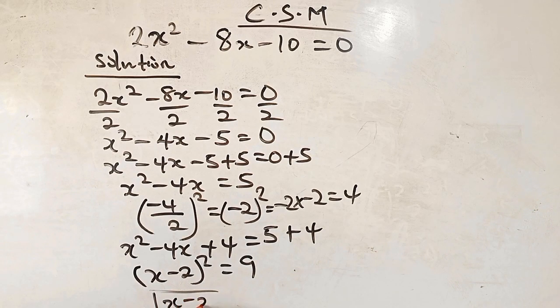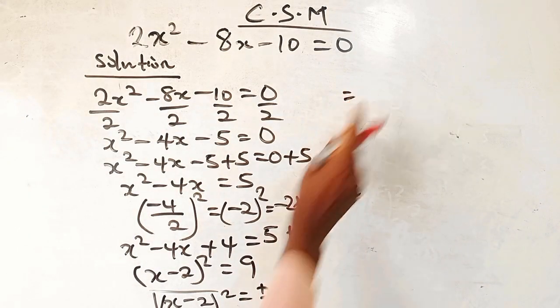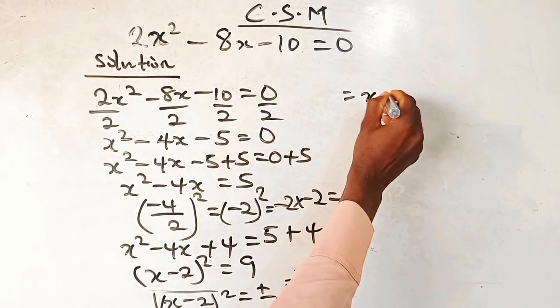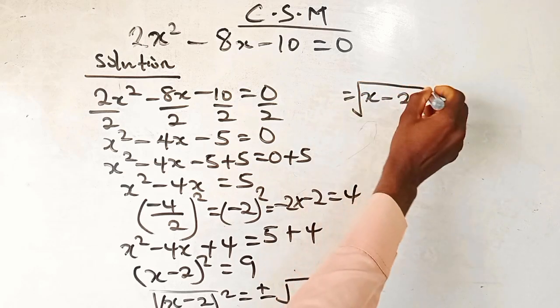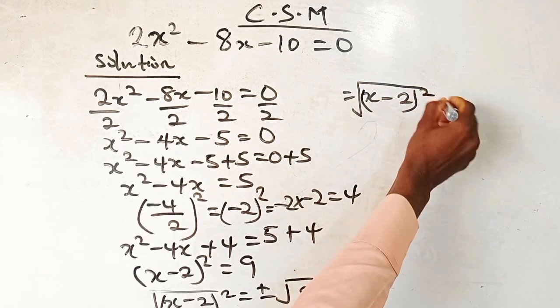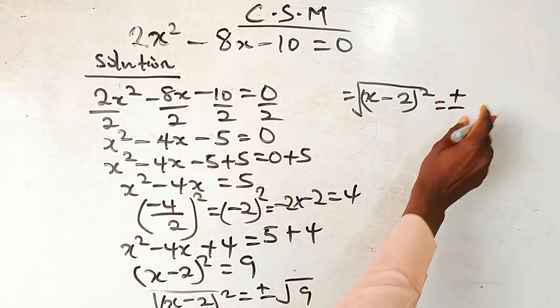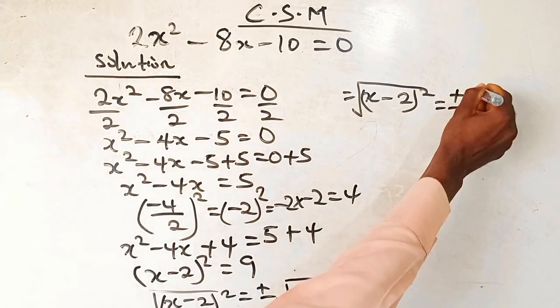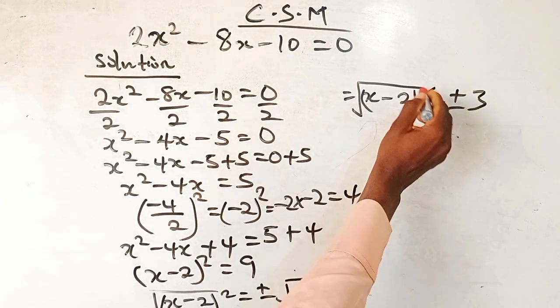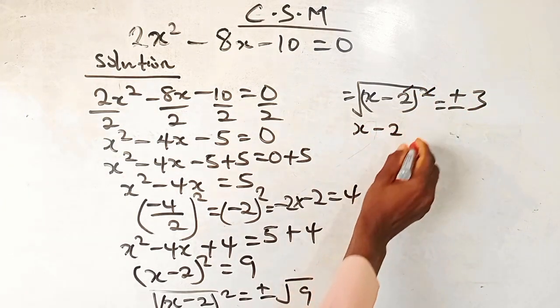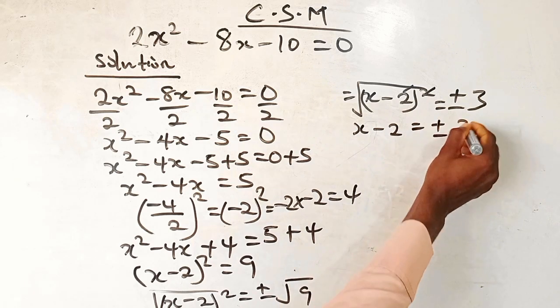So we have (x − 2)² = ±√9. Taking the square root of both sides, x − 2 equals plus or minus the square root of 9, which is 3.